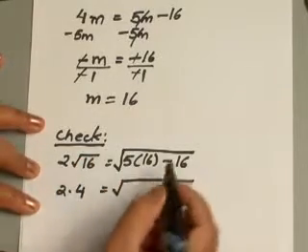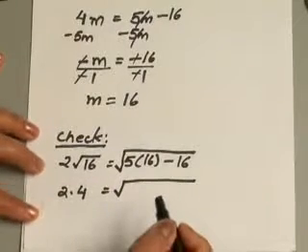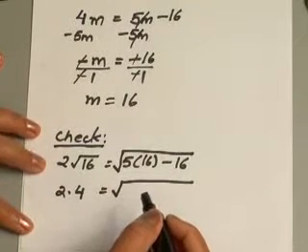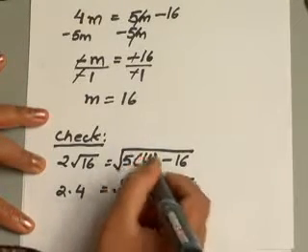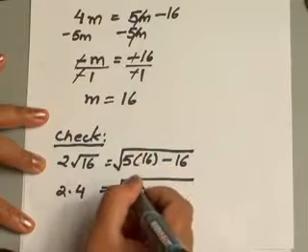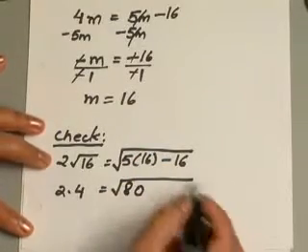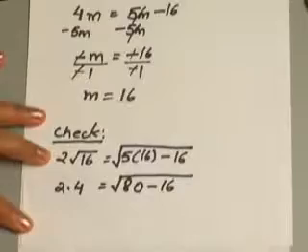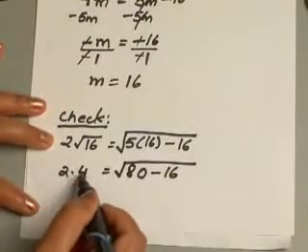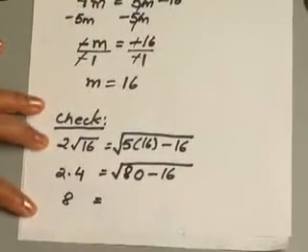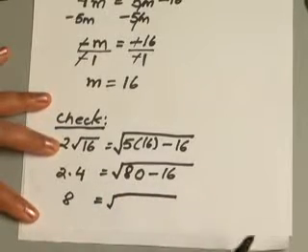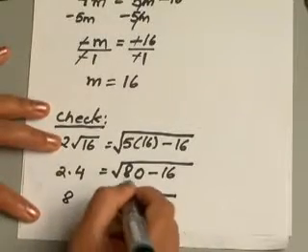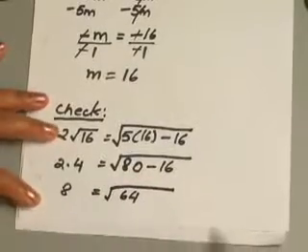On the other side, 5 times 16 is 80, and 80 minus 16 will give us 64.